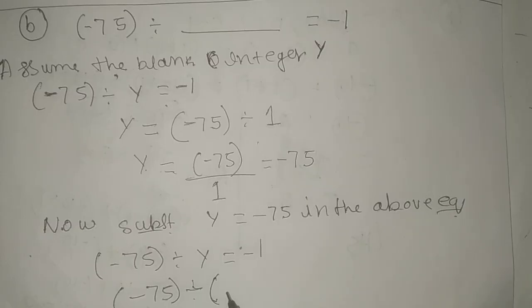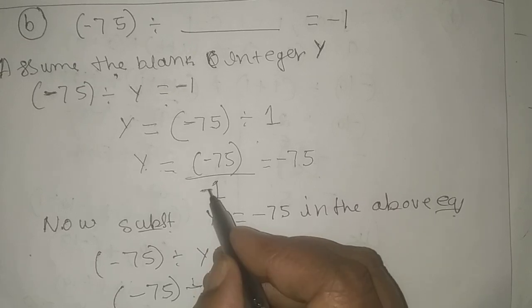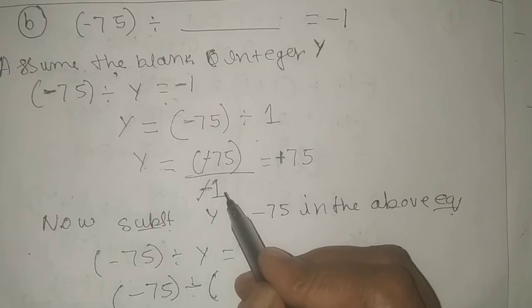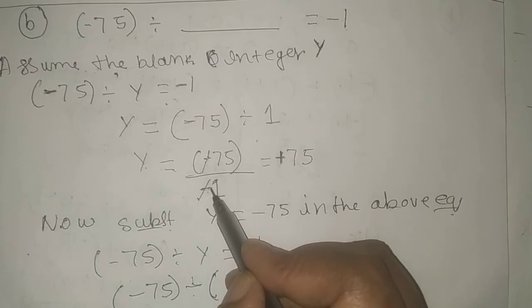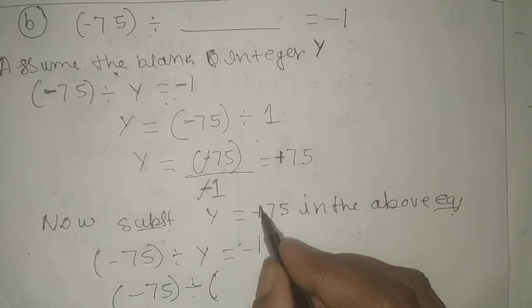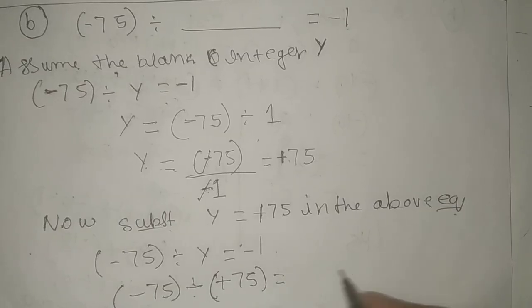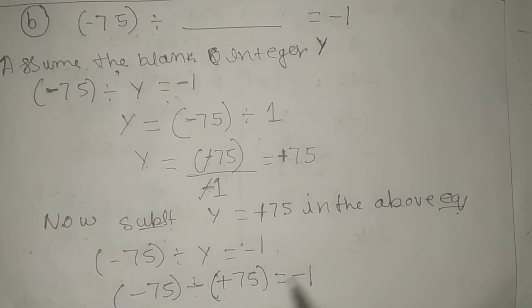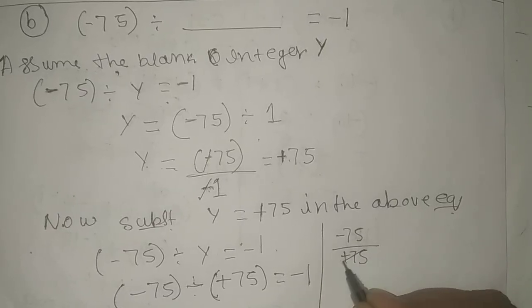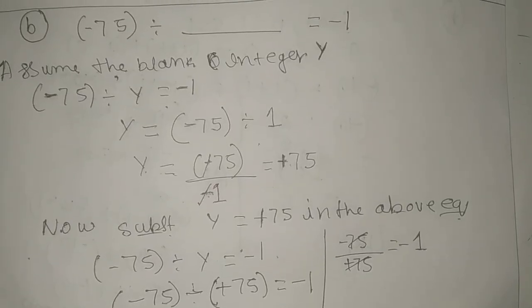One mistake is there: since we have to get minus 1 as the answer, y will be plus 75. So minus 75 divided by plus 75, the answer is minus 1. This is the solution for B.